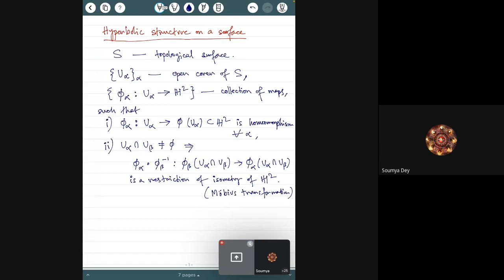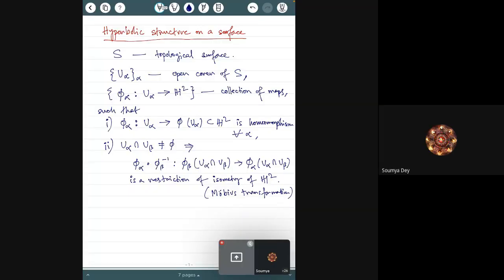So how do we define a hyperbolic structure on a topological surface S? It's basically an open cover. So you have some open subsets of your surface which cover your surface, so the union of all these U alpha is equal to your surface S. And also you have a collection of continuous maps, phi alpha, from some U alpha into the hyperbolic plane H2.